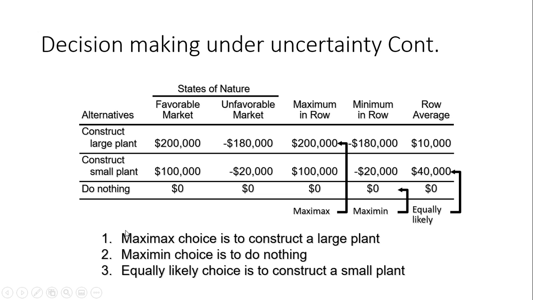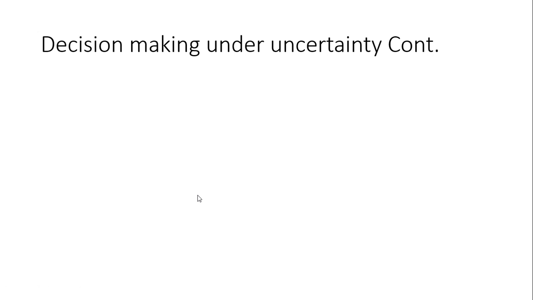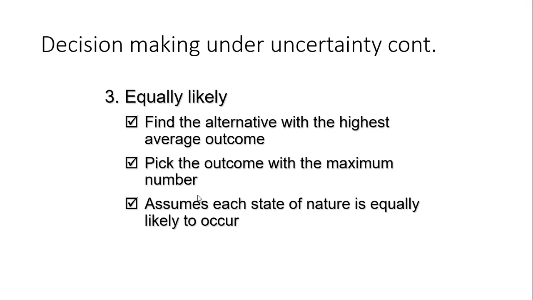So according to the maximax choice, also called the optimistic choice, you will have to construct a large plant with a total profit of $200,000.